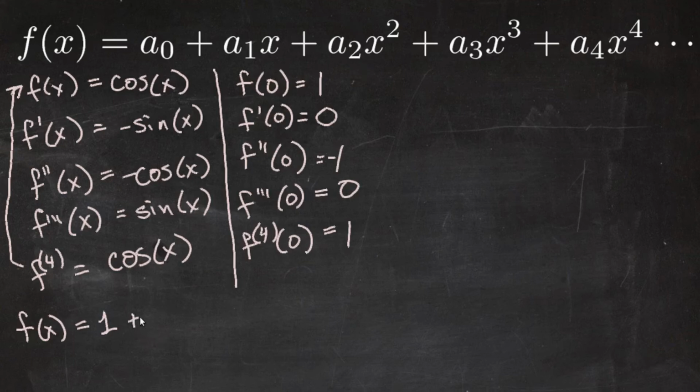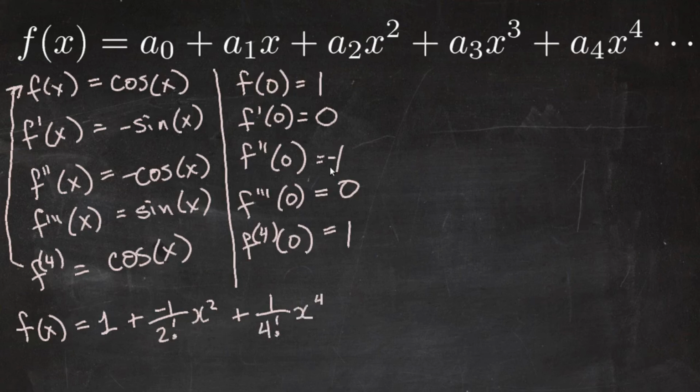So that's plus negative 1 over 2 factorial times x squared. Now the third derivative is 0. a3 is 0, so I'll move to the fourth coefficient. The fourth coefficient is the fourth derivative, so that's going to be a plus positive 1 over 4 factorial, and this is the coefficient of x to the fourth.